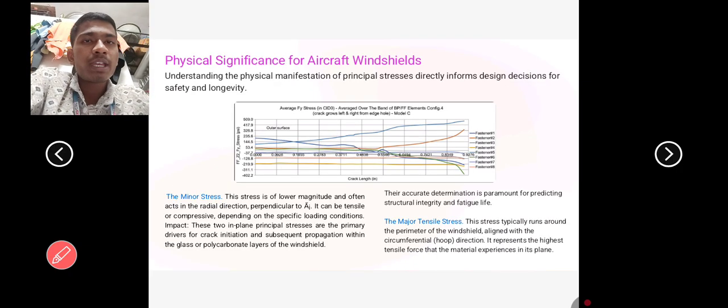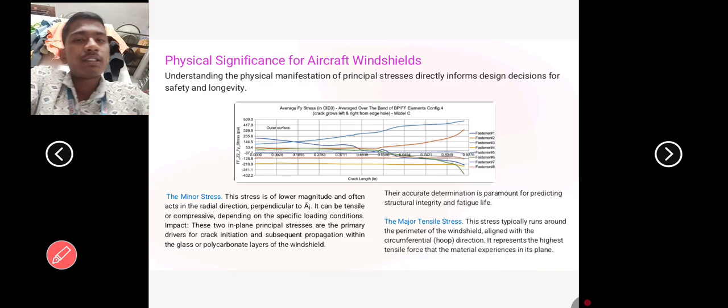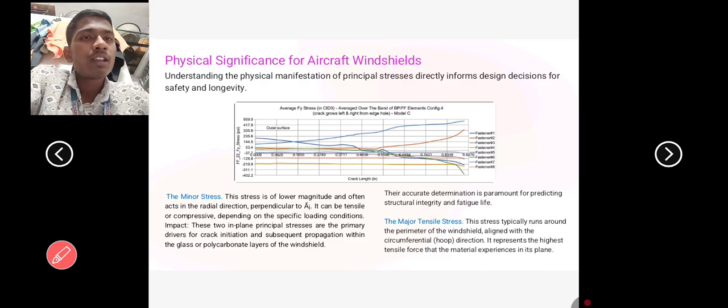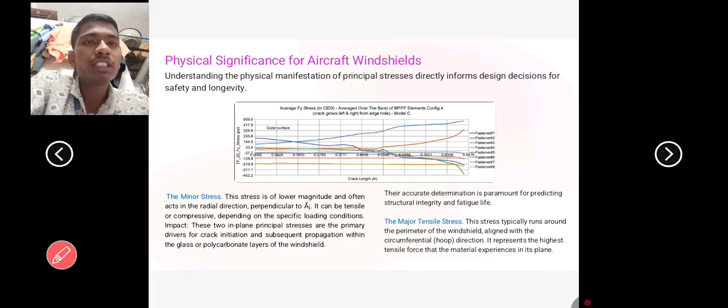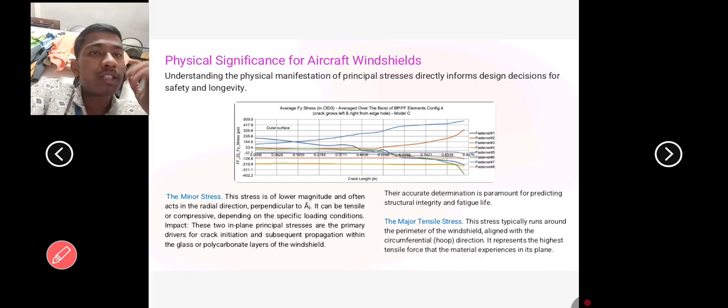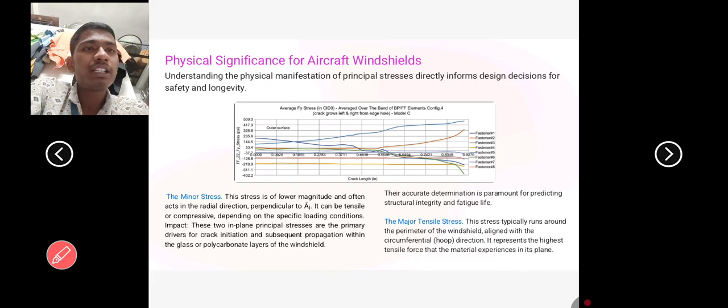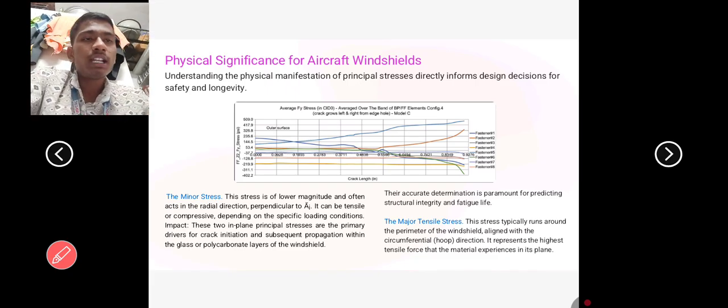Second, physical significance for the aircraft windshield. Understanding the physical manifestation of principal stresses directly informs design decisions for safety and longevity.